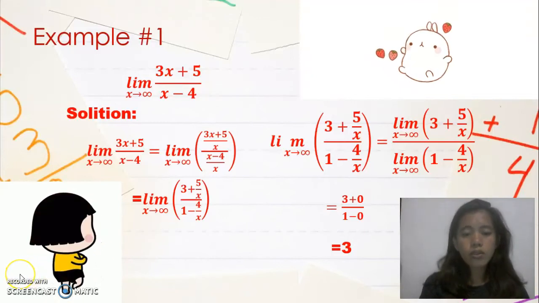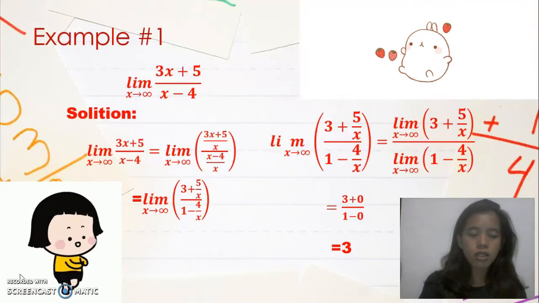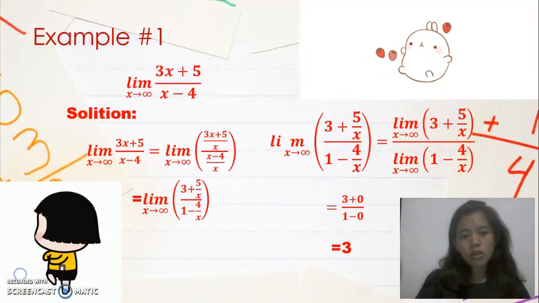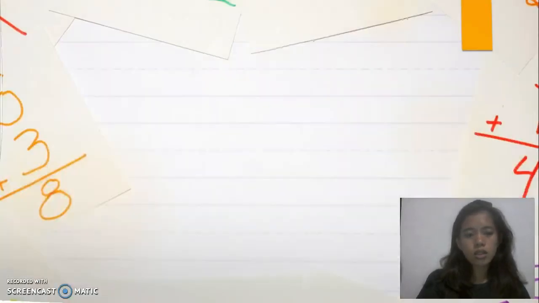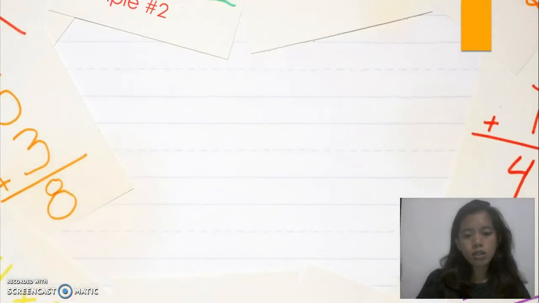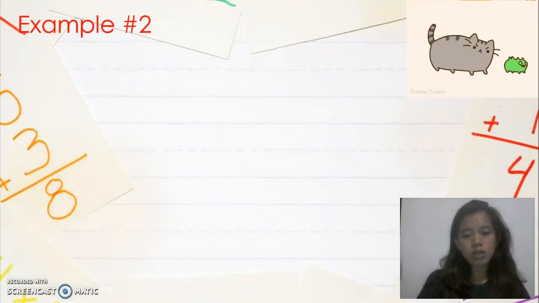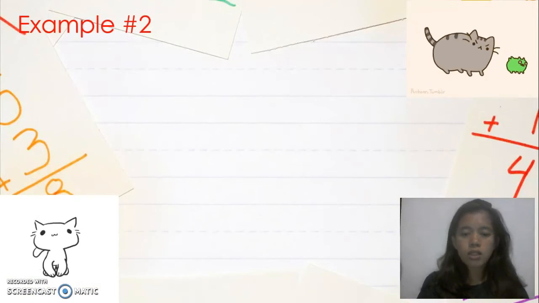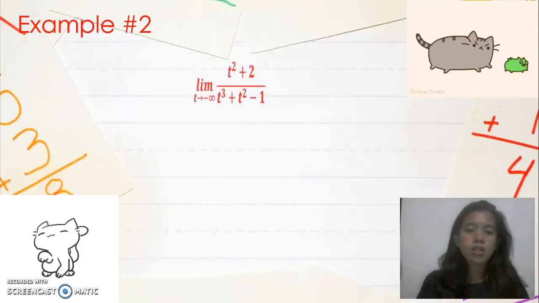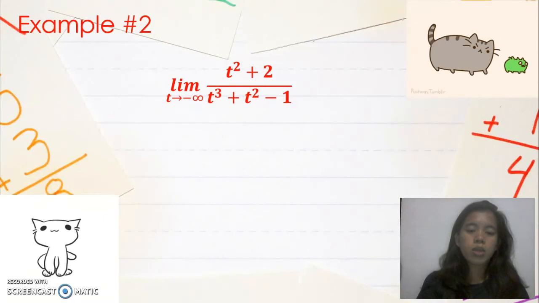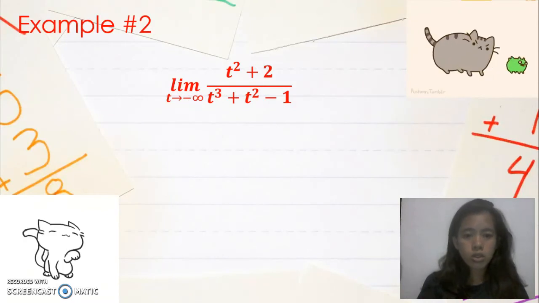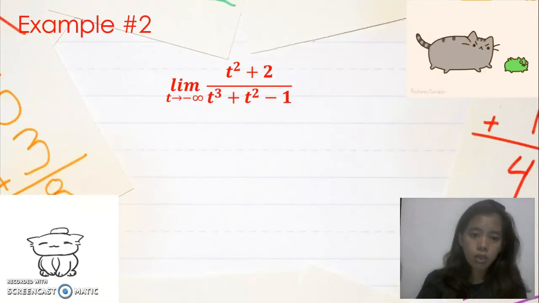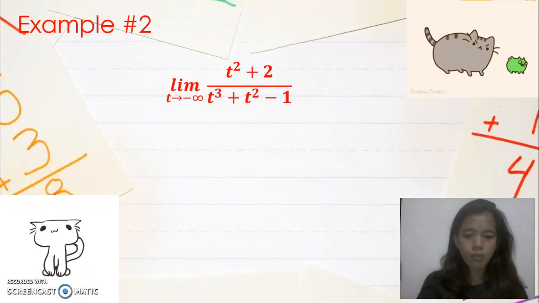So now I will give you my second example. So second example is evaluate the following limit. The given is the limit of (t squared plus 2) over (t cubed plus 2 minus 1), as t approaches negative infinity.